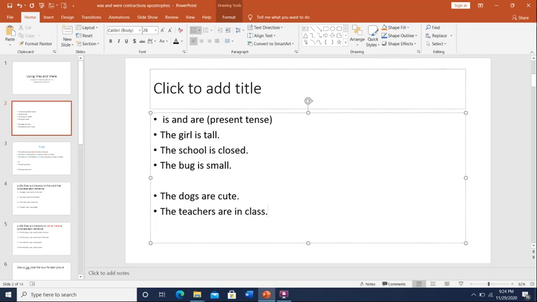Here I'm telling about more than one thing and more than one person. We can also say the schools are big. So we use is when the sentence is about one thing, one person, or one place, but are when we tell about more than one. And they are used in the present.